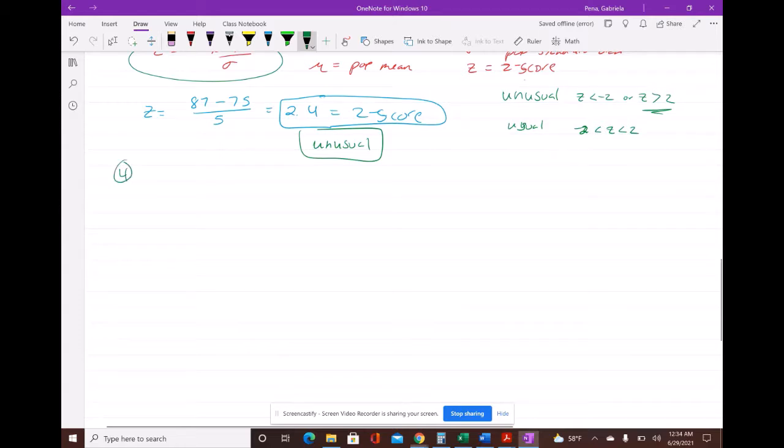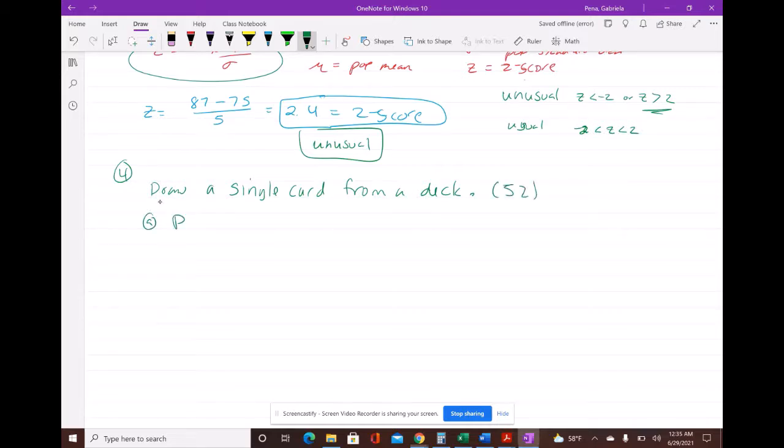Okay, number 4. Let's say that you are to draw a single card from a deck. Let's keep in mind a deck is 52 cards.